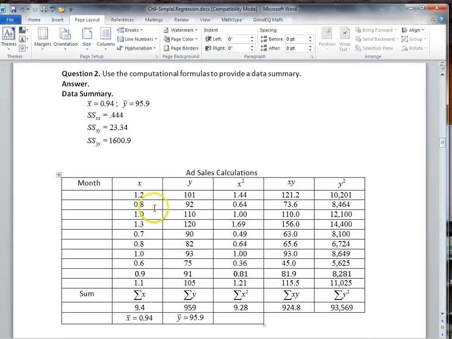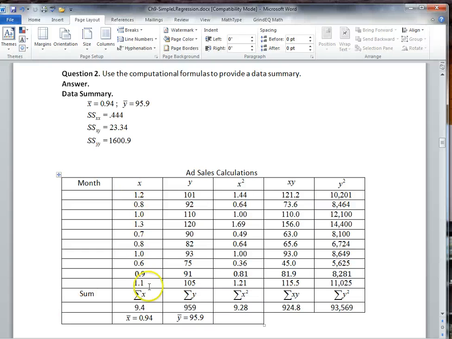So what you need here to use the computational formulas are the columns x, y, x squared, xy, and y squared. So these are my x values, we had them before. These are my y values. Now I square x, so what I have here is the square of each one of these values. What I have here is this value multiplied by the corresponding y value, and what I have here is the y values squared.